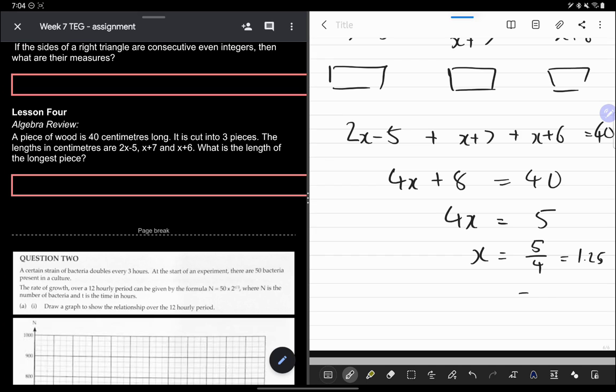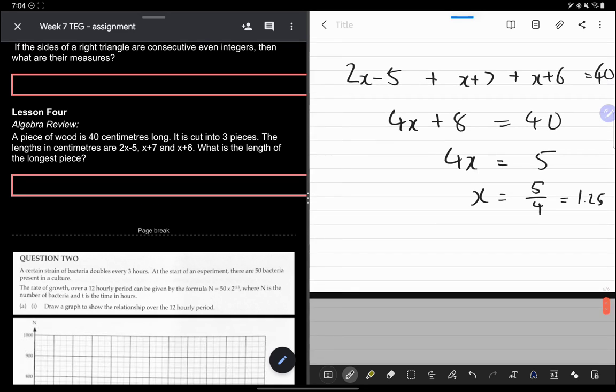Or you could also say 1 and 1/4. Any of these answers are valid. I'm just going to stick with 5 over 4 at the moment. The question is, what is the length of the longest piece? So let's do all 3, just to be sure.